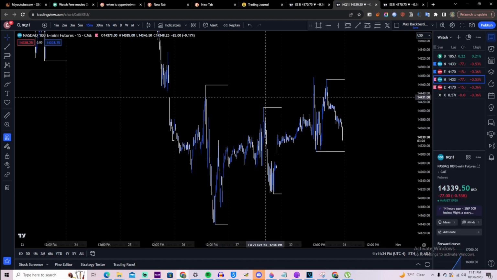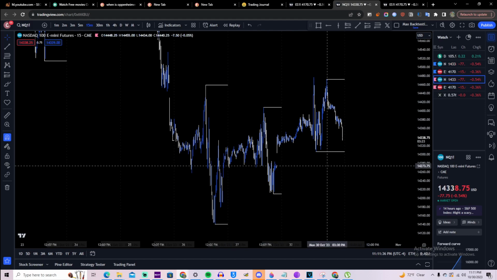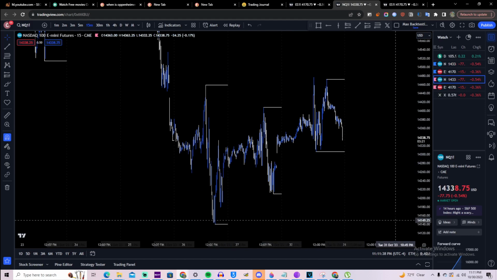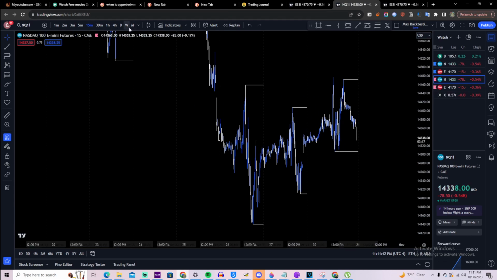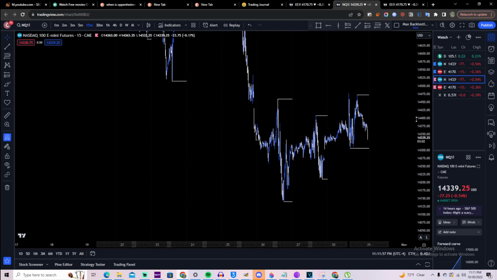So we are currently expecting price to trade to these levels before making its way higher, which is our overall higher time frame perspective and what we're expecting. When we get to these more refined lower time frames, expecting price to trade to these levels here. All right. That being said, we'll just end it off there.